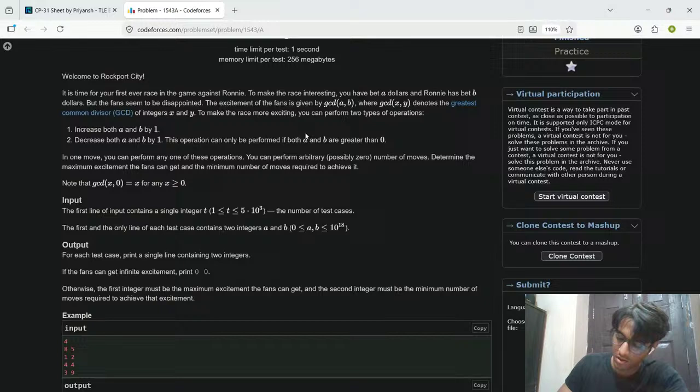So we have to find the maximum amount of excitement fans can get, and in that case, the minimum amount of moves required to achieve it.